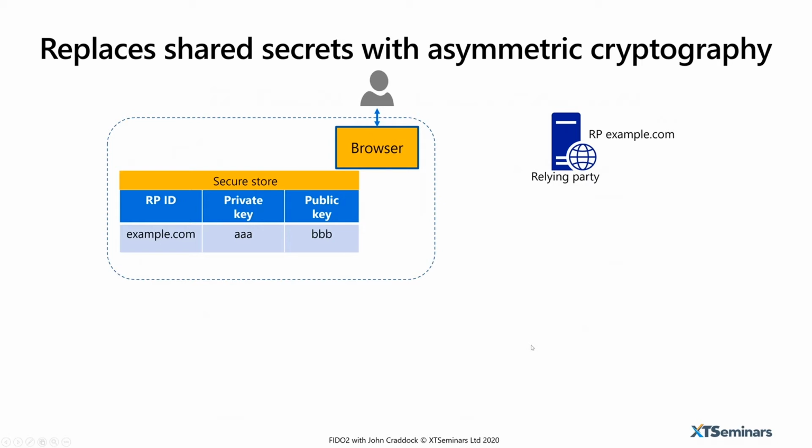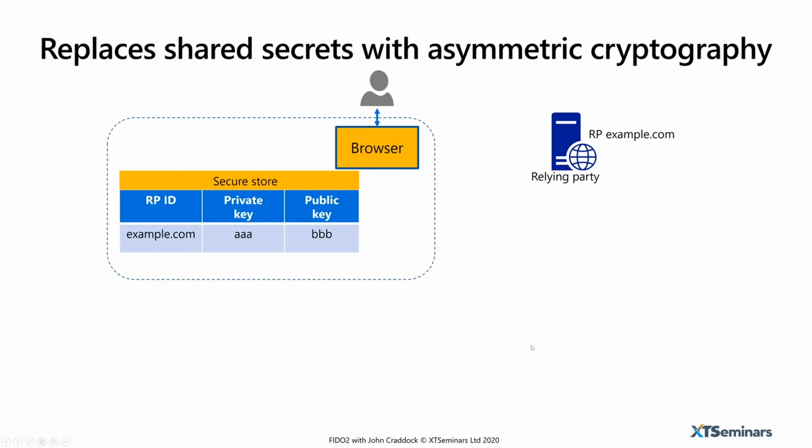And when we identify a relying party, and we'll identify them first when we register with them, when we do that initial registration process, we'll have a relying party identifier and then a private key and a public key. The private key never leaves our secure store.